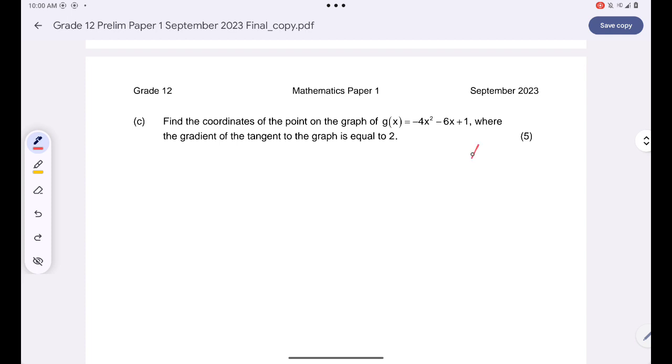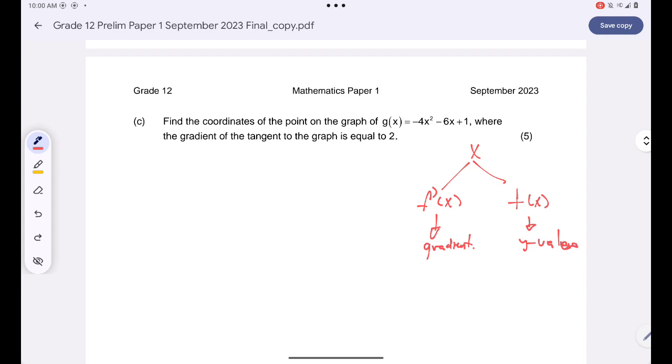If I have an x value, guys, and whenever I substitute my x value on the derivative, this will give me the gradient of my tangent. Are you together? But if I substitute the x value on the function, this will give me the function value, or you can say the y value.